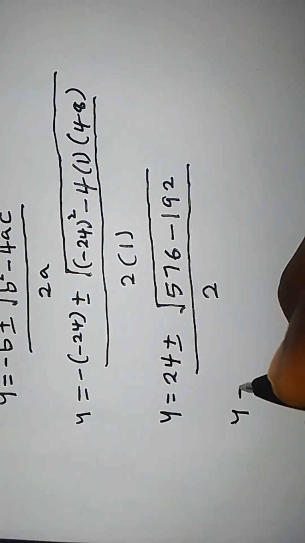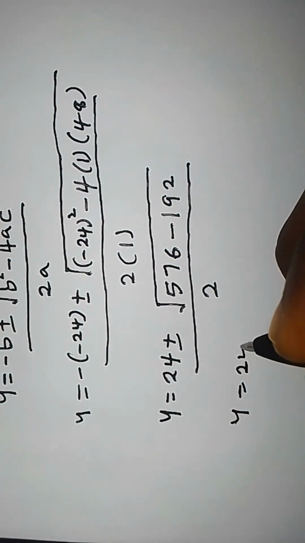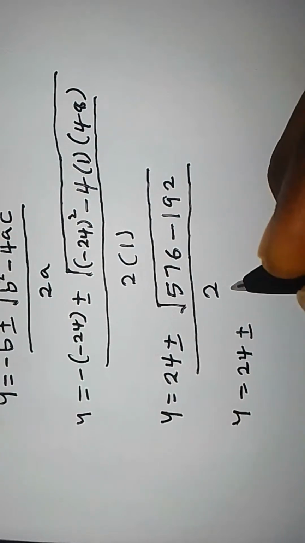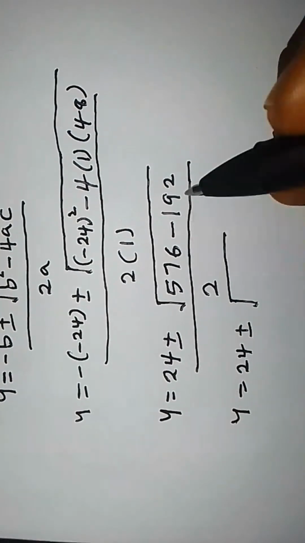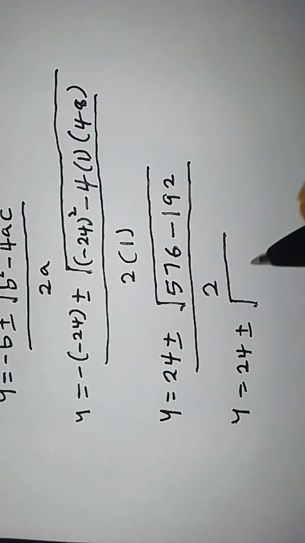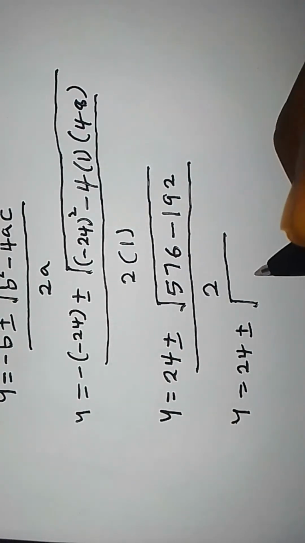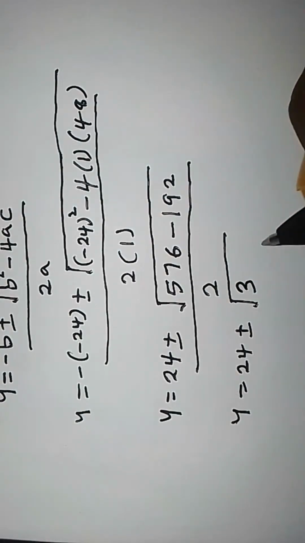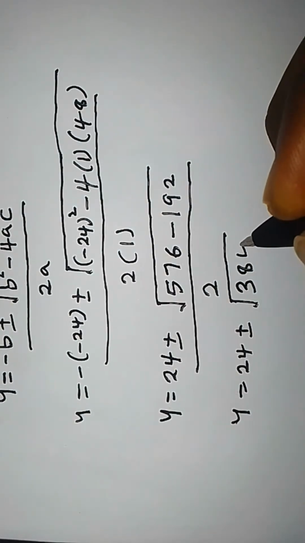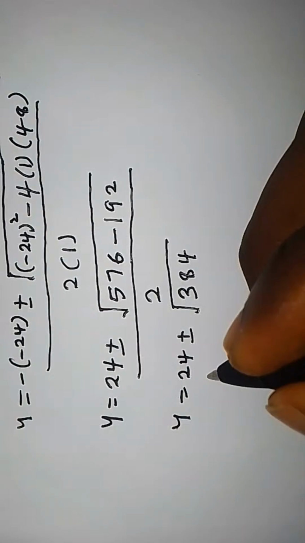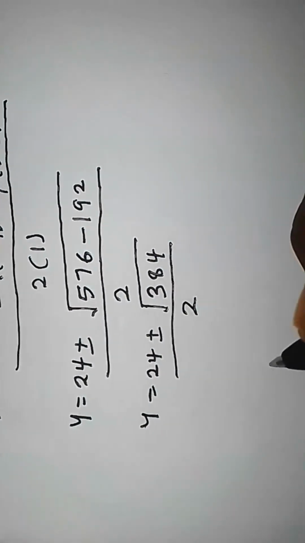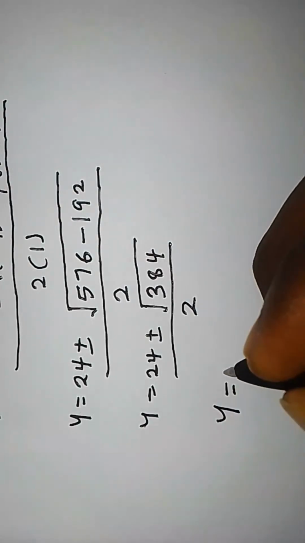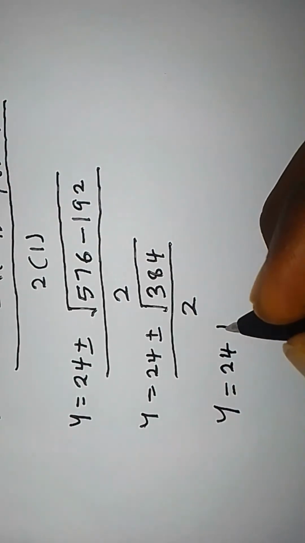We have y equal to 24 plus or minus square root of 576 minus 192. If you plug that into your calculator, we have 384, divided by 2.